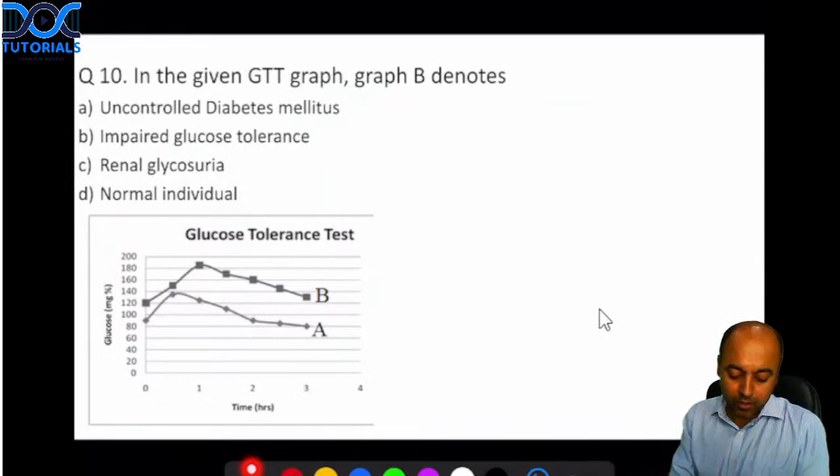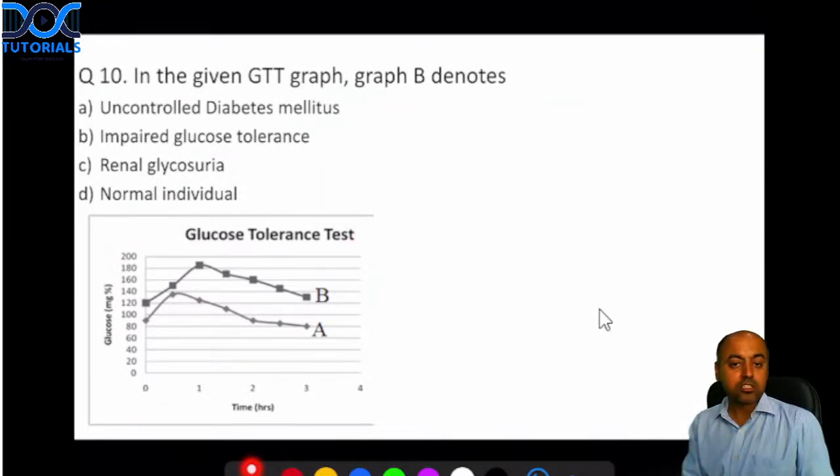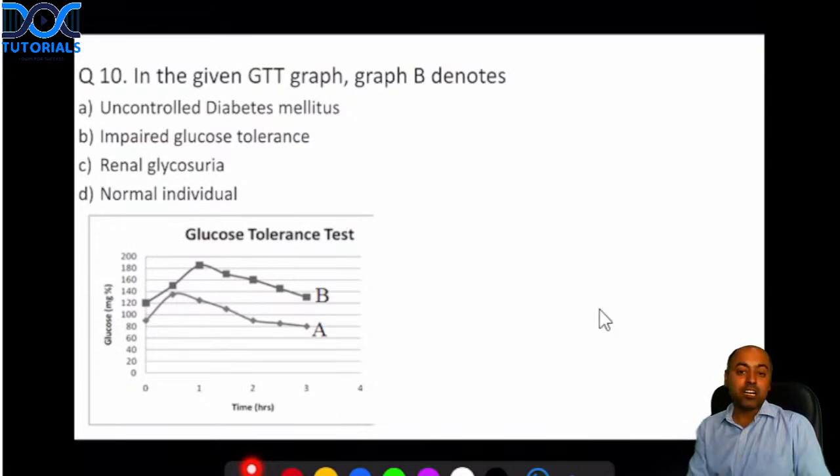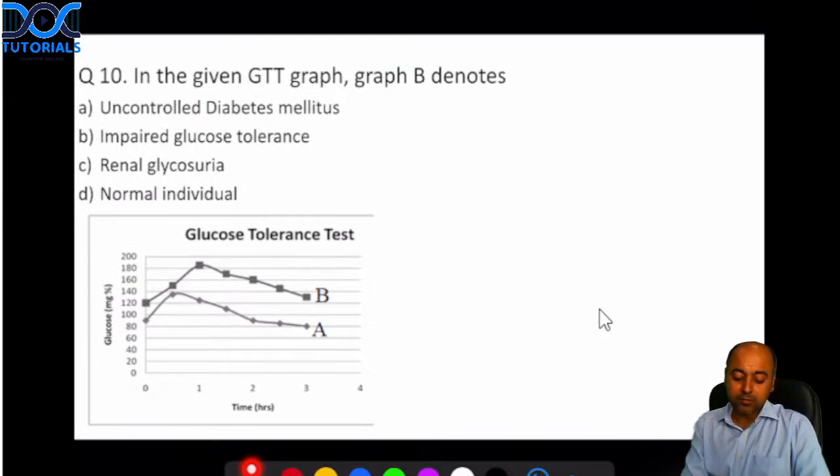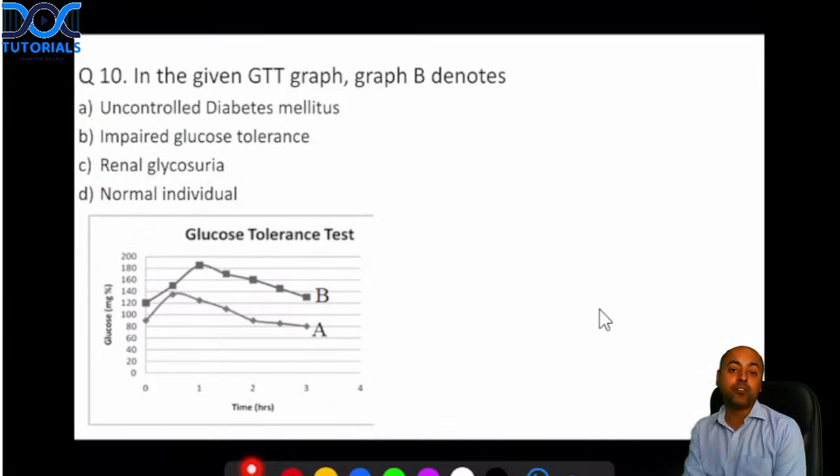Question number 10. In the given glucose tolerance test graph, you can see A and B. What does graph B denote? You have the options of uncontrolled diabetes mellitus, impaired glucose tolerance, renal glycosuria, and normal individual.